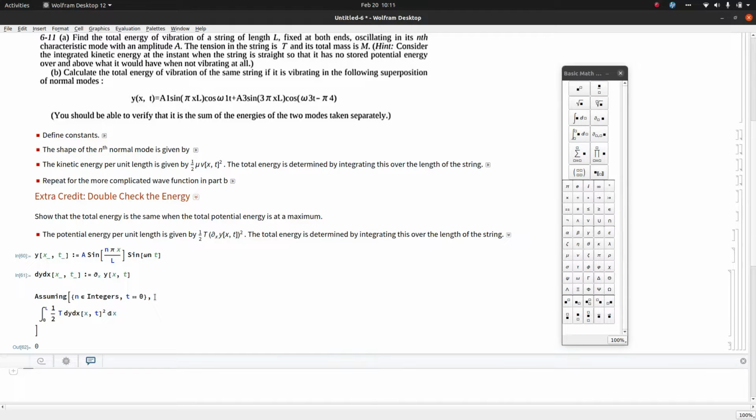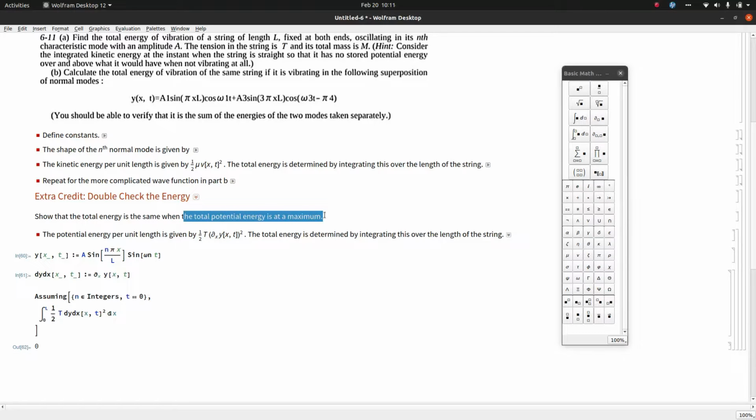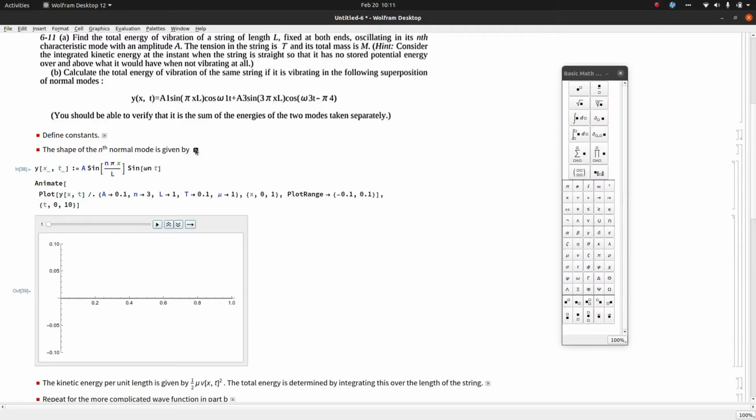And we get 0. Why are we getting 0? Well, we need to do this when the total potential energy is at a maximum. And as we saw, the total potential energy is at a minimum at time 0. So I'm at time equals 0 now. There's no stretch in the string.